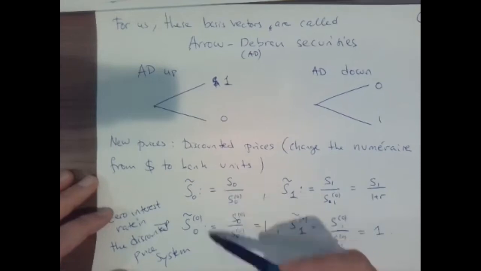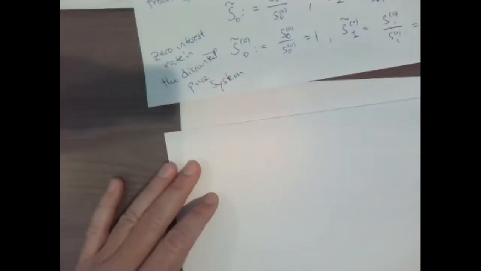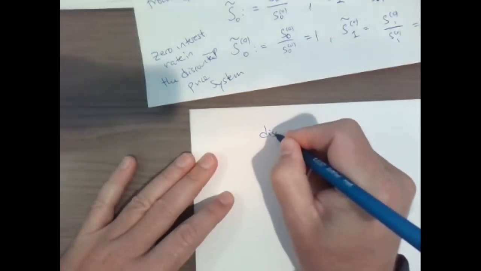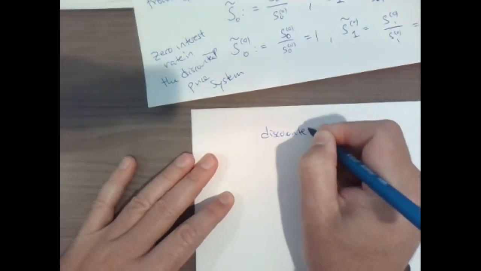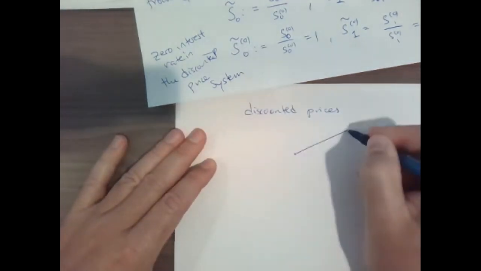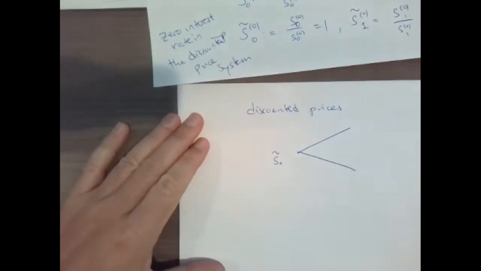So I can look at this price system. Here I have my average world prices. We're going to get back to those in just a second. So if I'm looking at the discounted prices, I'm looking at S tilde 0.